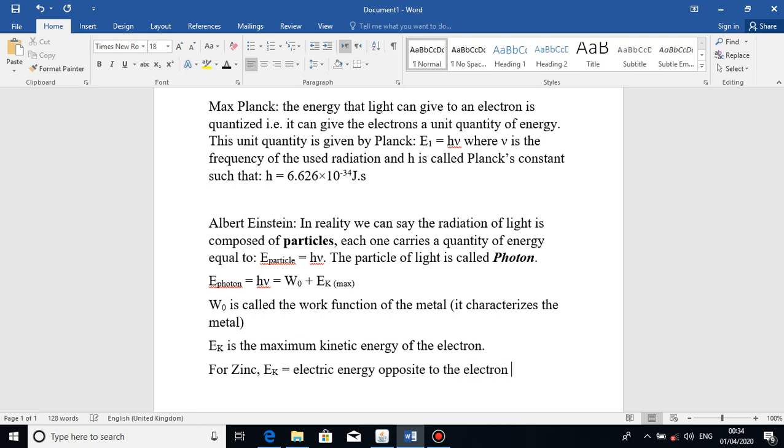In other words, this energy is equal to e times the voltage, the charge of the electron multiplied by the voltage. And in this case, I can calculate EK.